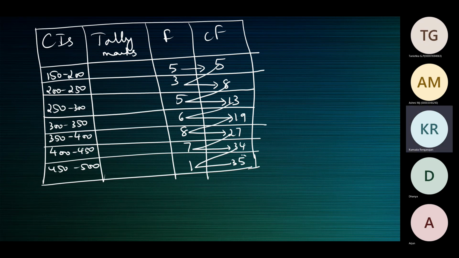And the last cumulative frequency should be equal to the total of the frequency column. The total is 35, the marks scored by 35 students. So that will be the last cumulative frequency. Now I'll show you without these arrows.